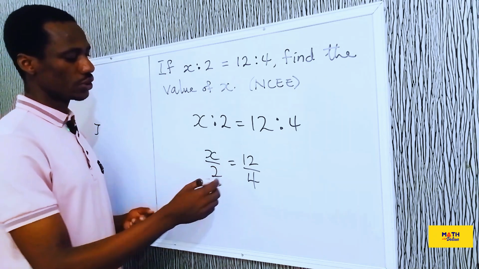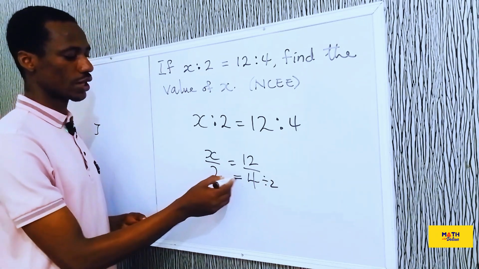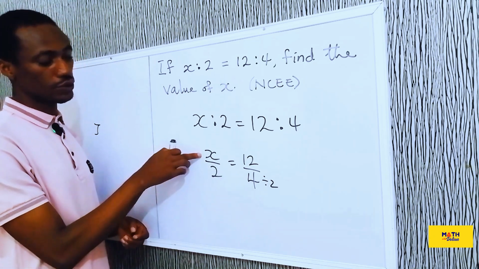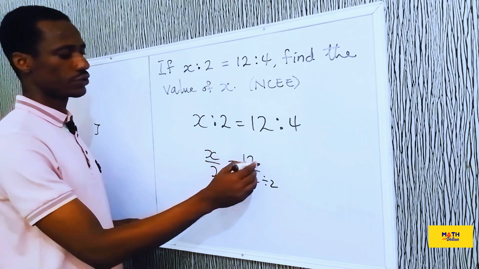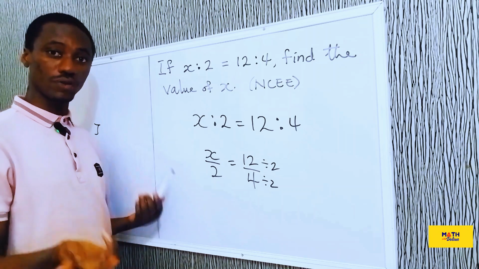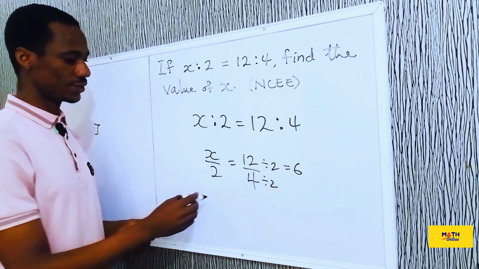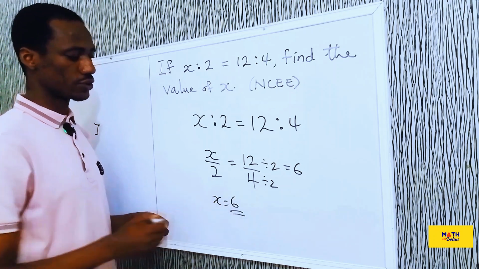So for you to get the value of x, you have to do the same thing to 12. I'm going to divide 12 also by 2, and 12 divided by 2 is 6. So the value of x is 6.